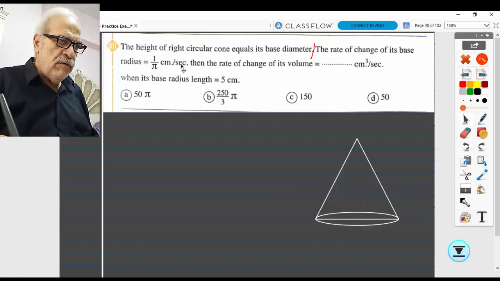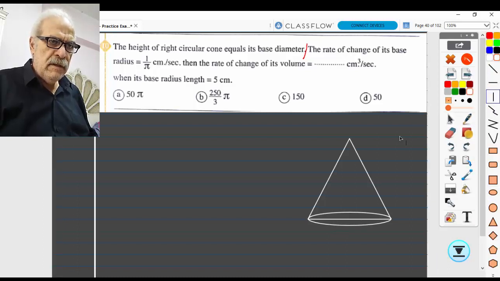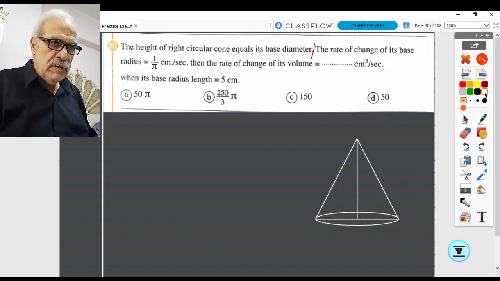Now, the height of a circular cone equals its base diameter. So the diameter here and its height from here to the base, the diameter equals 2r.